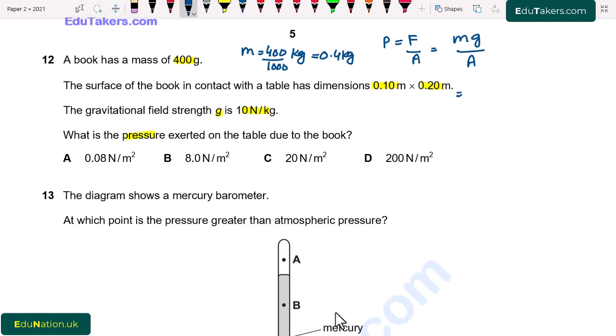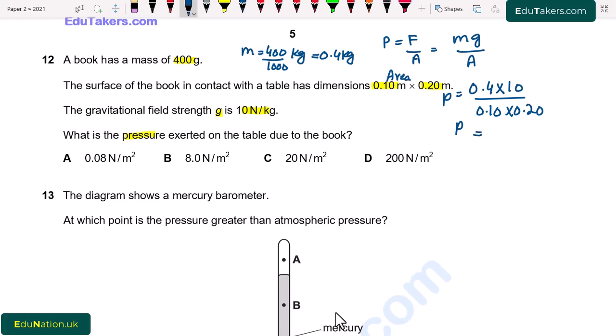So I write here mass is equal to 0.4 multiplied by the value of g, which is 10, divided by area. So the dimension of the book is given, which gives the area. So it will be 0.10 multiplied by 0.20.